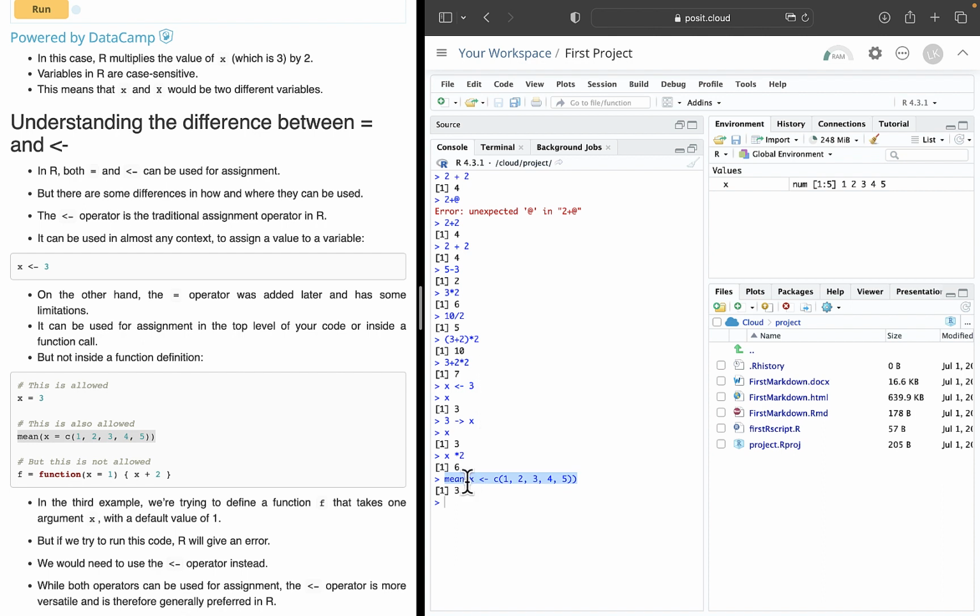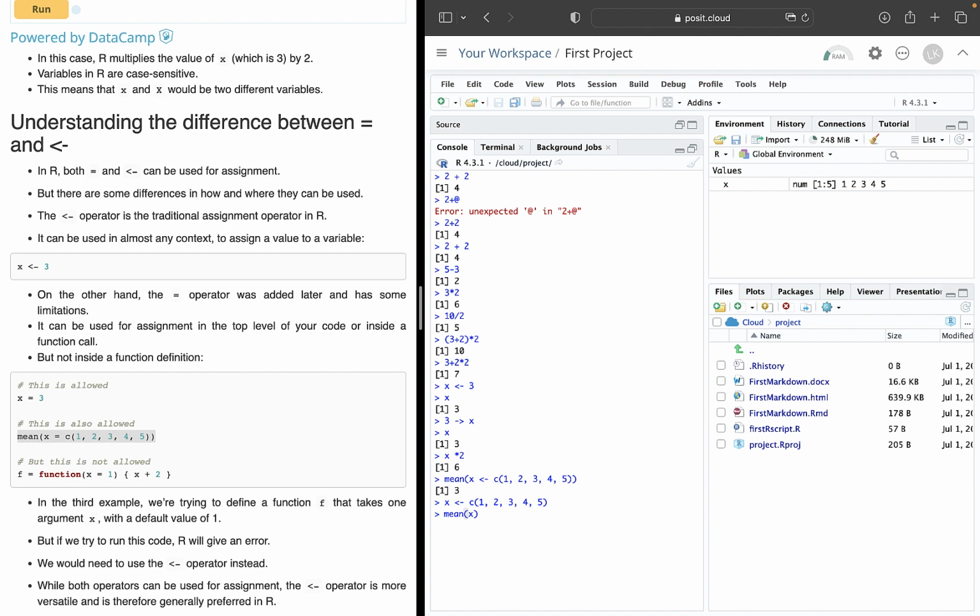The first bit that happened was this inner part, let me just push the up button, this inner part right here where we assigned the vector or the list of numbers 1, 2, 3, 4, 5, and don't worry about this C function for right now, I'll tell you about that in a minute, to X, and then I took the mean of X.